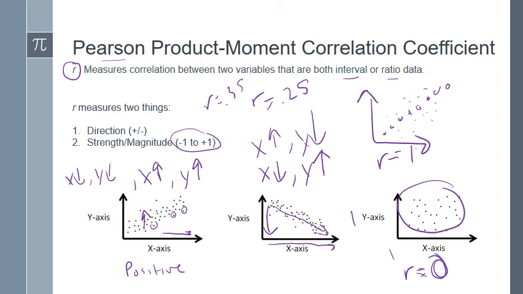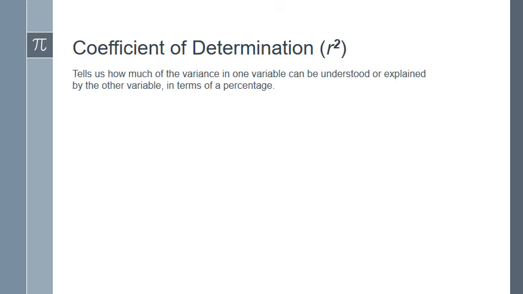So there are other measures that we use for correlation, or other coefficients that we use. A very popular one is the coefficient of determination, or R squared, or lowercase r squared. And this tells us how much of the variance in one variable can be understood or explained by the other variable in terms of a percentage.